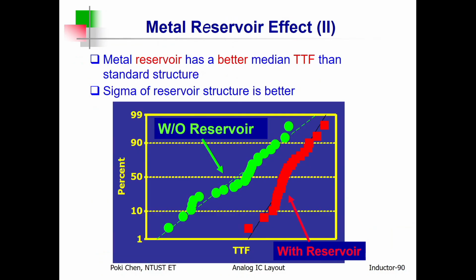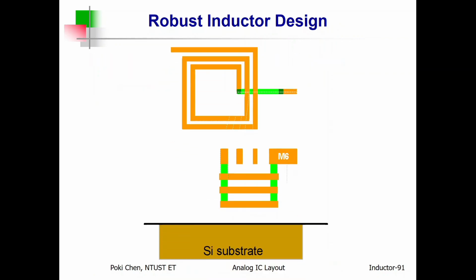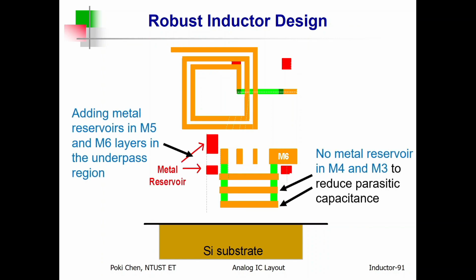Got it? Okay, so you can see after the new reservoir, with reservoir and originally without reservoir, the time to failure is increased substantially. By how much? 3 times to my memory. Okay, so anyway, there's some kind of 3-dimensional view.